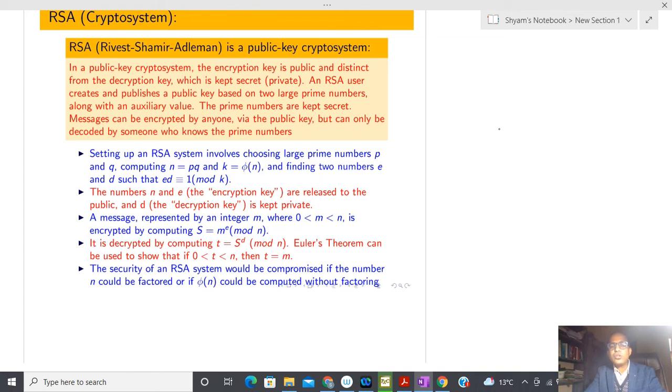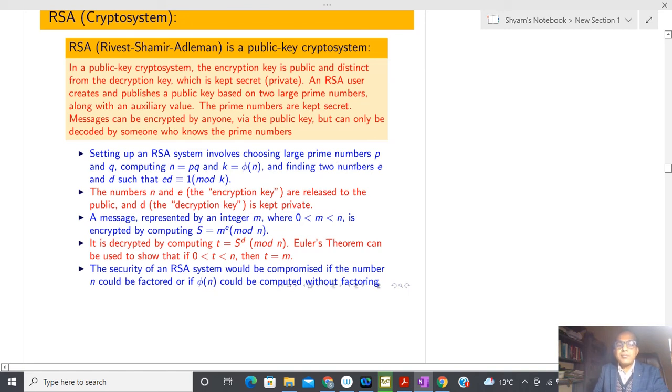Those who have interest in cryptography, please try to read about groups, and it is possible to show that you are able to develop different cryptography algorithms. This algorithm is based on taking large numbers p and q, defining some n, and defining the Euler function, whose definition you have already seen.